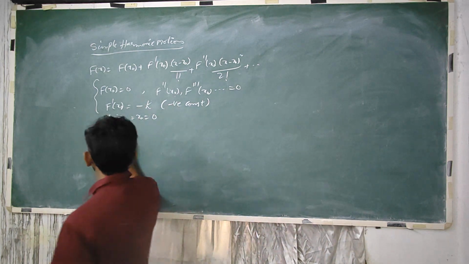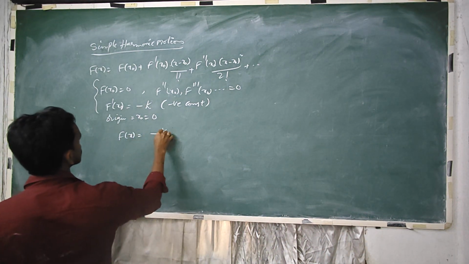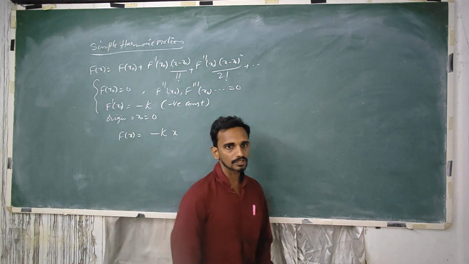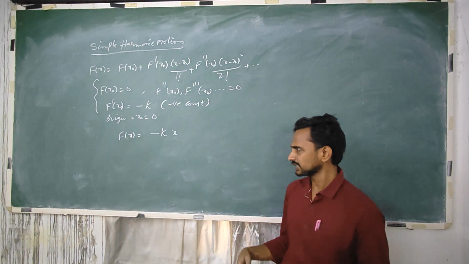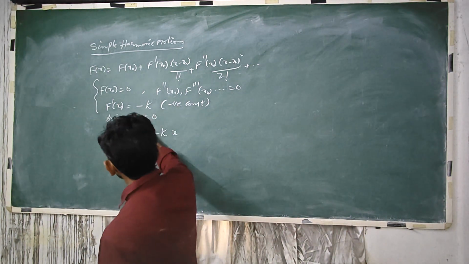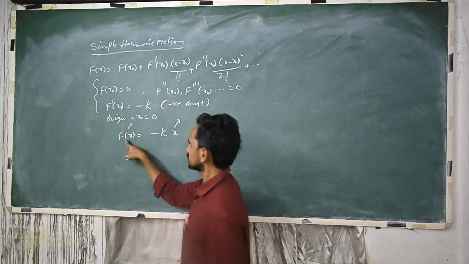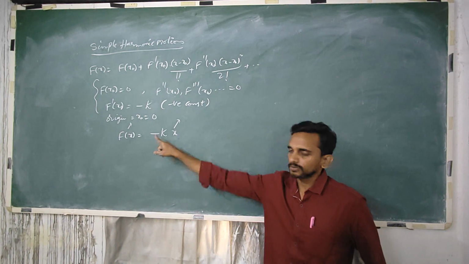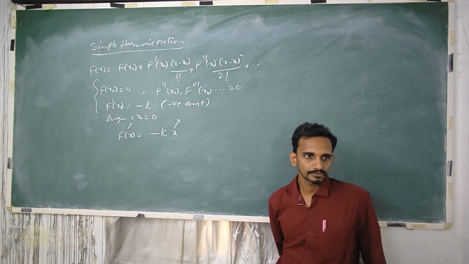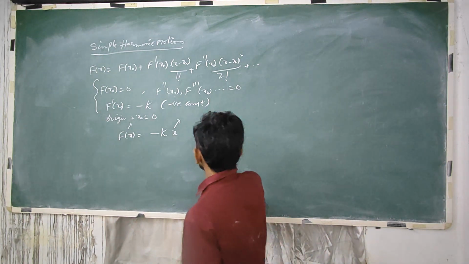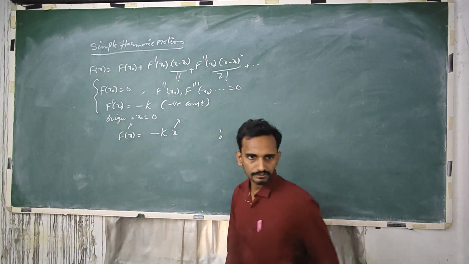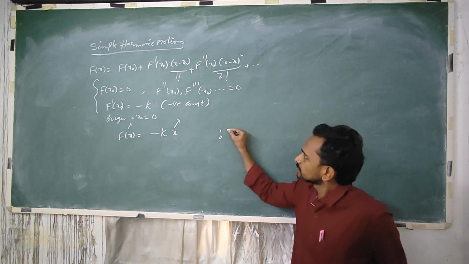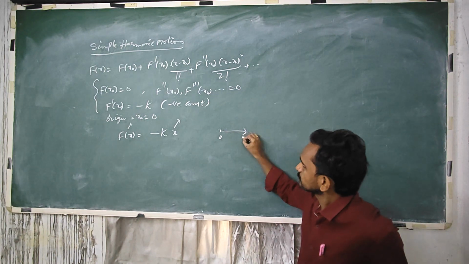So now what happens? F of x is equal to minus k x. I'll be left with that. So what is the meaning of that? Force is increasing as the displacement increases, in the opposite direction. Let's say an object is sitting at the origin, and you try to displace the object from the origin.